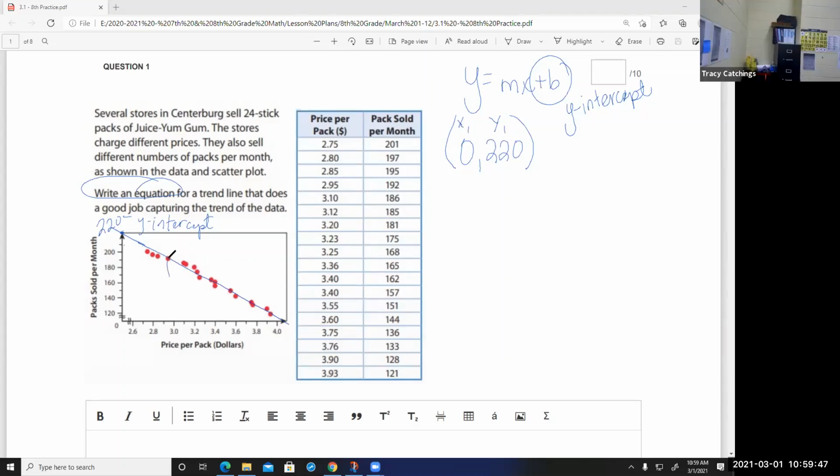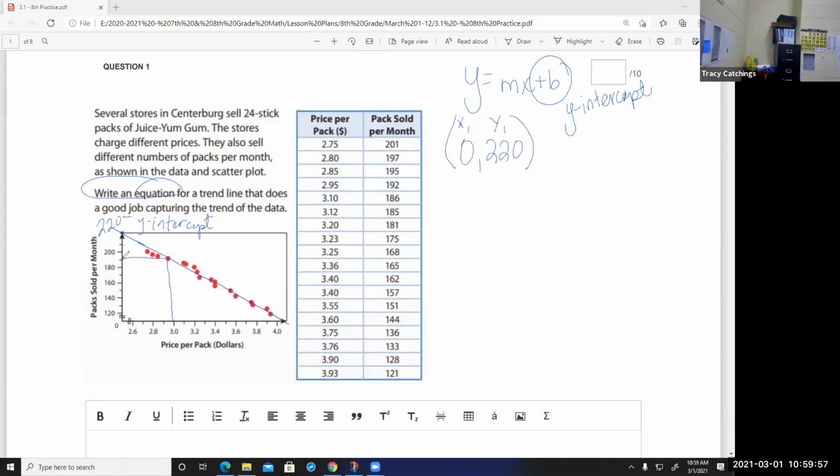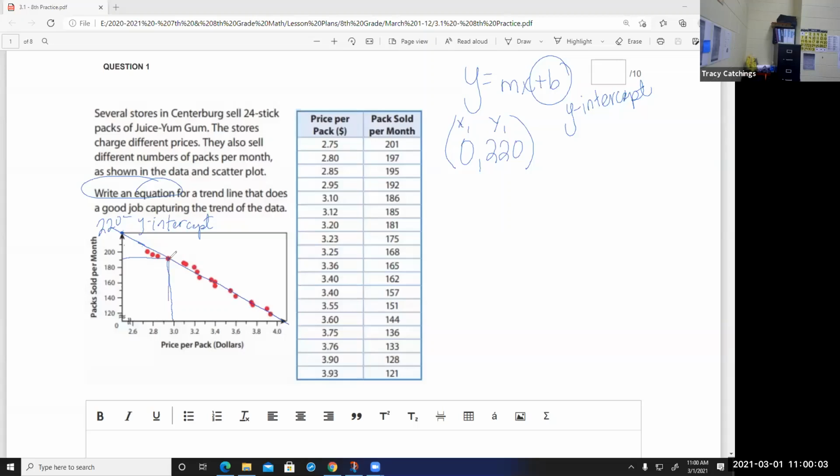What number is between 180 and 200, Harmony? Let's pick one. She said 2.9 and about 190.